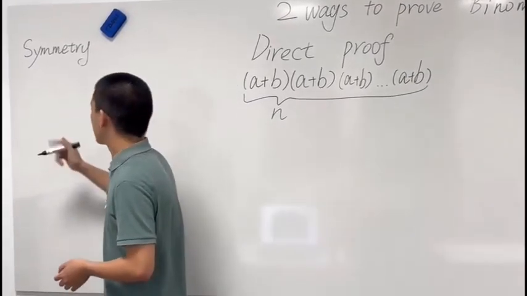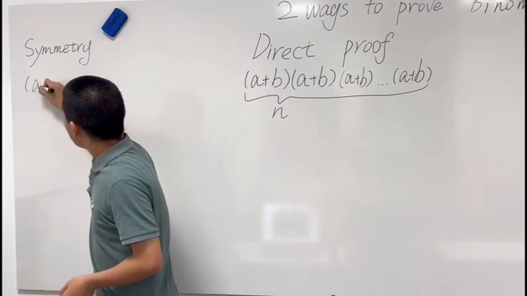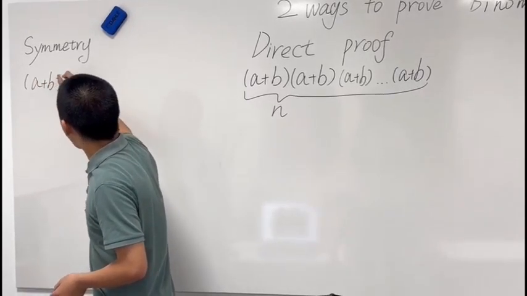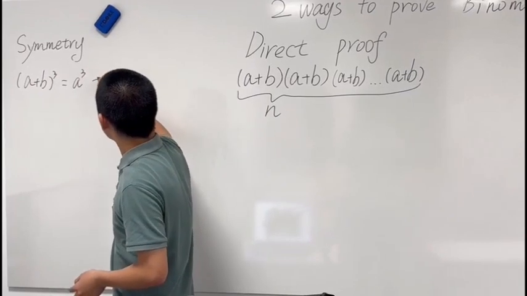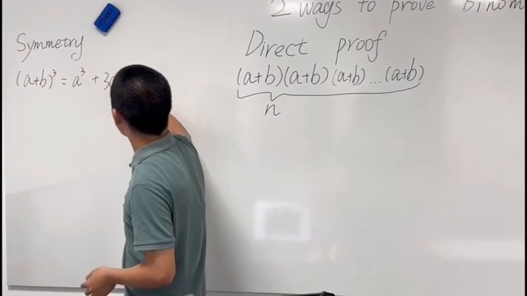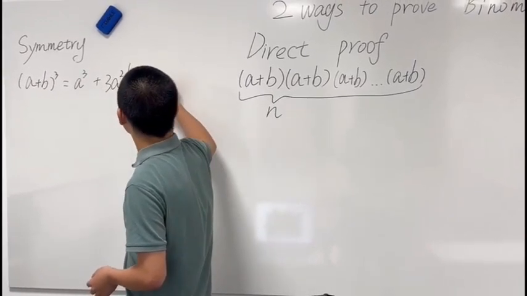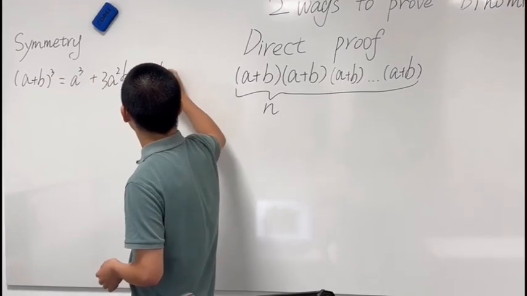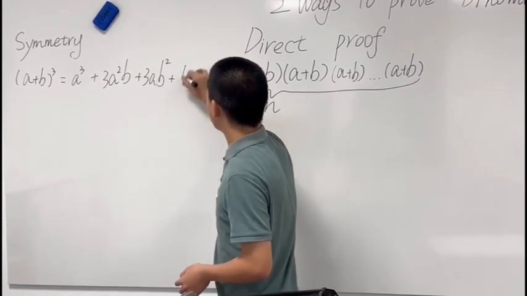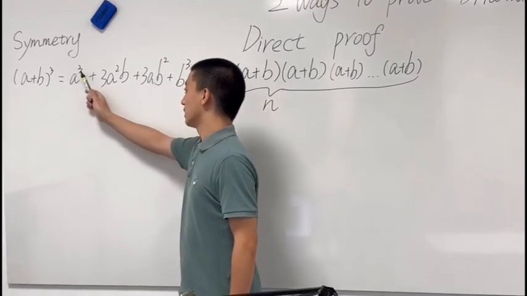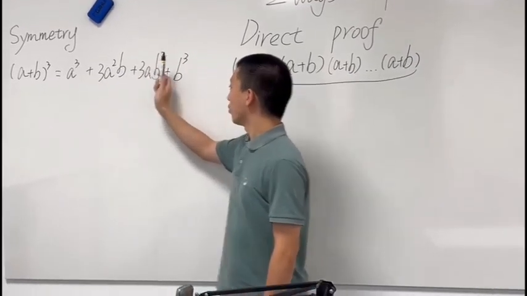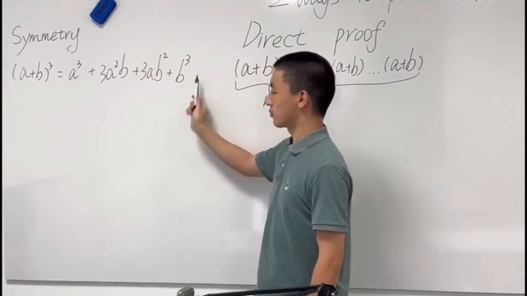For example, (A plus B) to the power of 3 is equal to A cubed plus 3A squared B plus 3AB squared, then plus B to the power of 3. So you see, 2 plus 1 equals 3, 1 plus 2 equals 3, 3 equals 3. So that's what I mean.